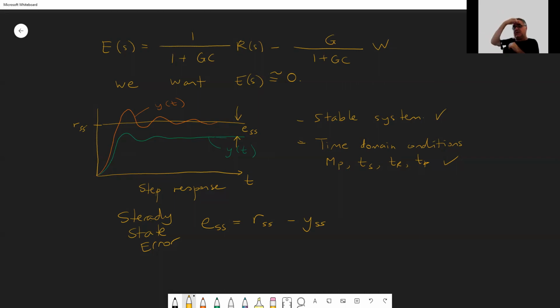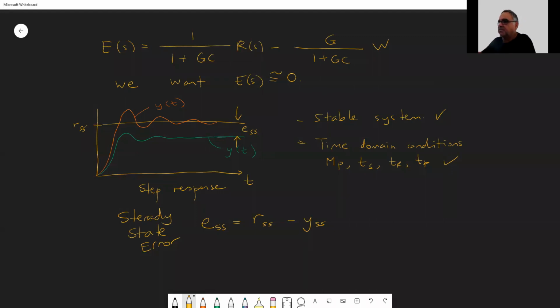There is no time dependence, okay? That might be caused by a disturbance. There might be a disturbance on your system, and that disturbance might cause the steady state error. Or your control system might not be capable of removing that steady state error.